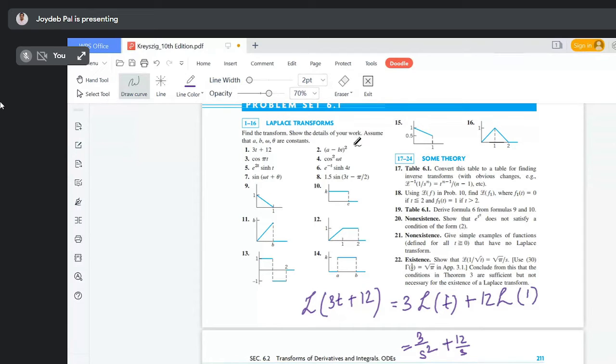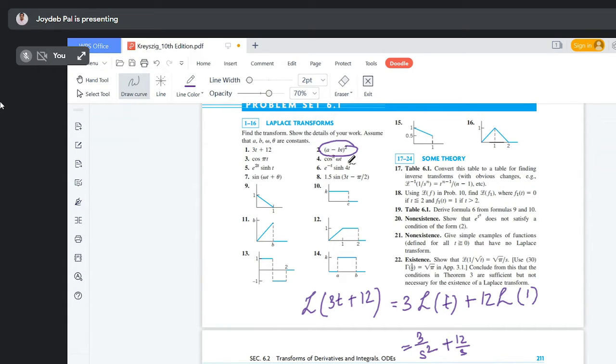Now what will you do in that case: Laplace transform of (a minus bt) whole square, where a and b are constants. There is no direct formula, so you can think about the linearity property of the Laplace transform.